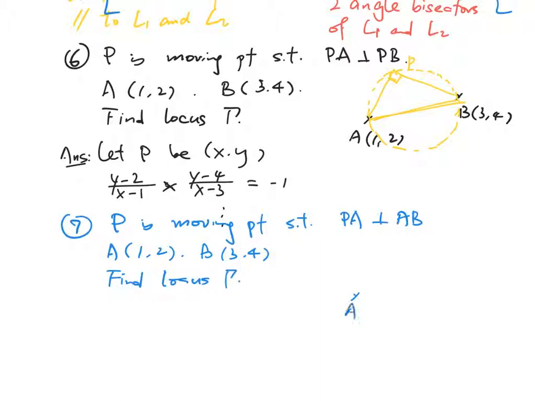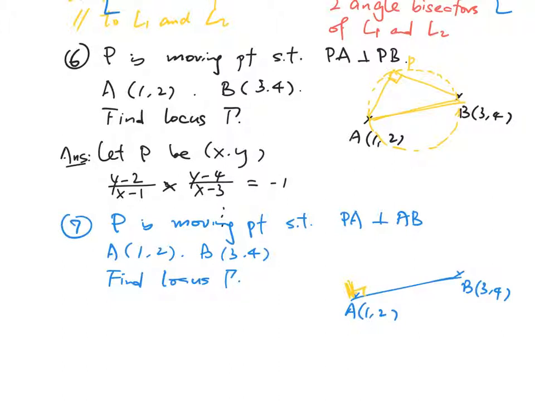Now you have point A (1, 2), point B (3, 4), and then P is a moving point, so that, for example, this is one piece of the locus, so that PA is perpendicular to AB, making a right angle.